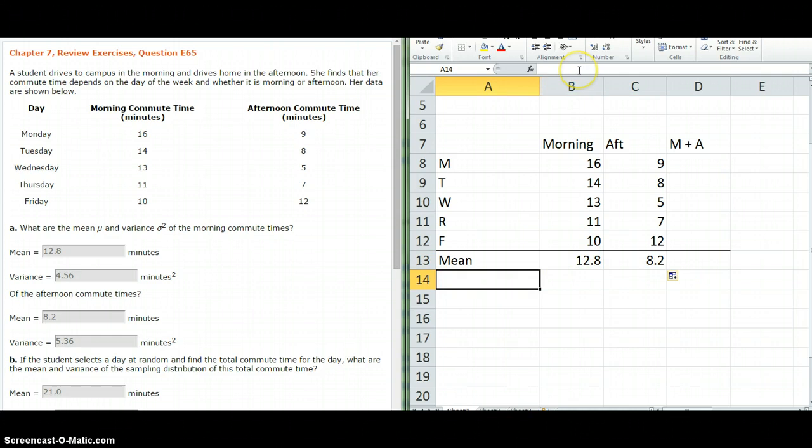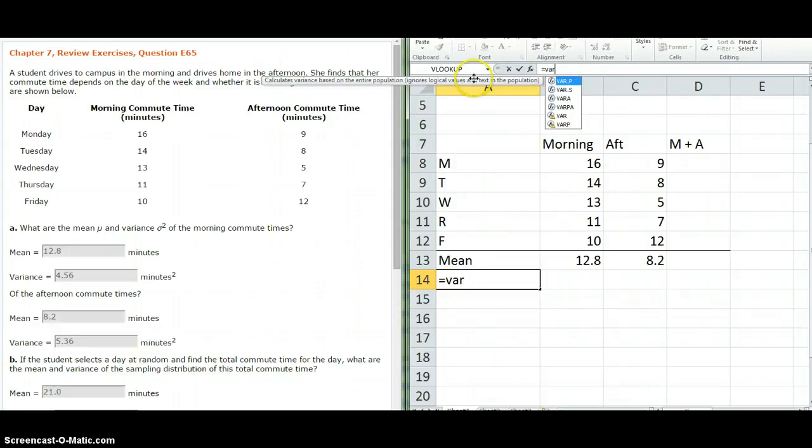Let's calculate the variance. Now, as soon as I type in VAR, my first two options are VAR.P and VAR.S. In other words, variance of the population and variance of the sample. So what do I have right here? Do I have a population or do I have a sample?